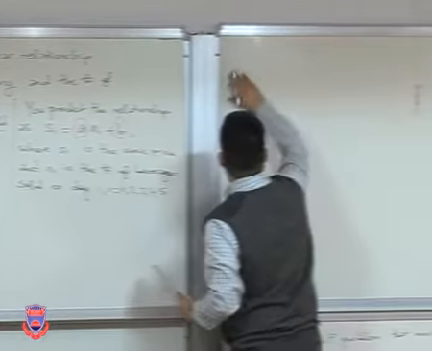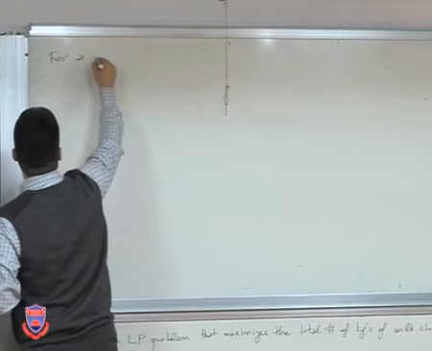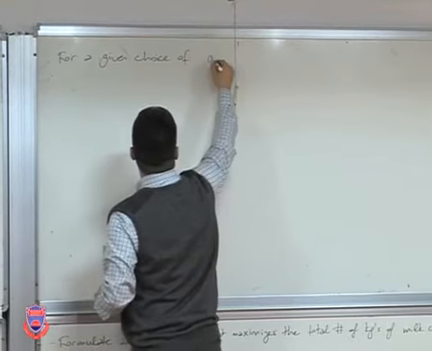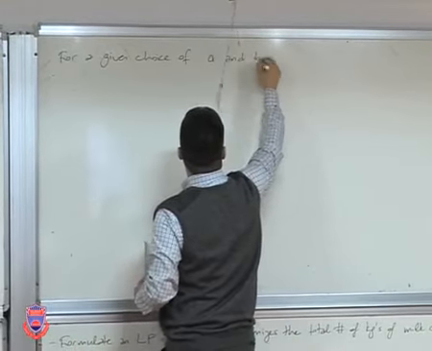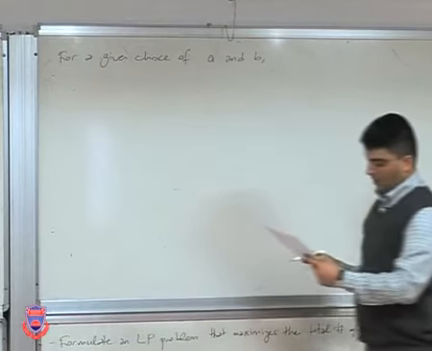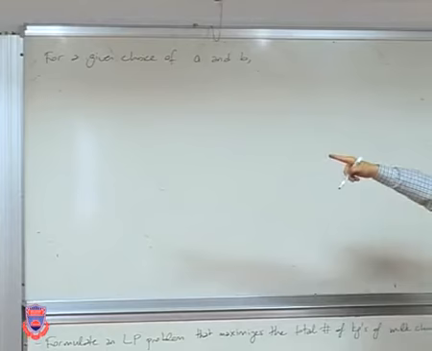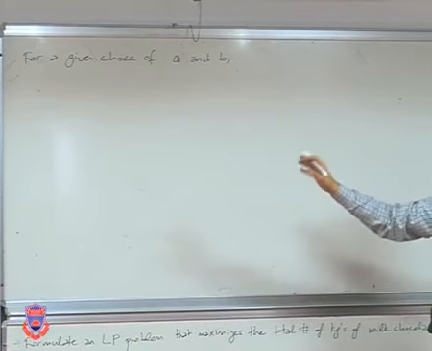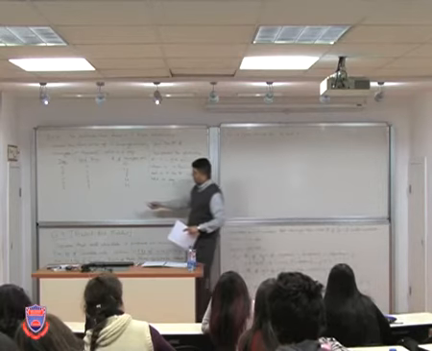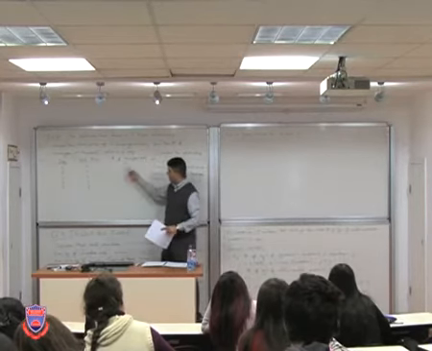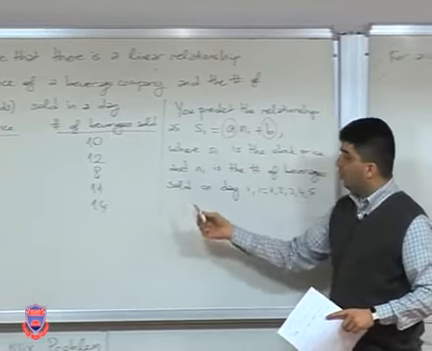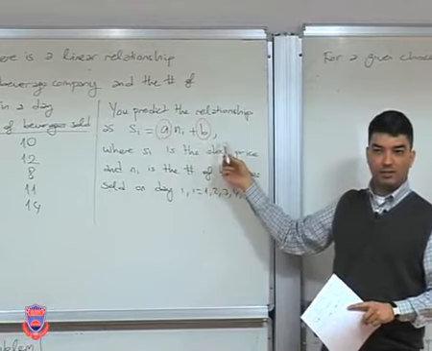For a given choice of A and B, as I said earlier, there's not a perfect relationship between the stock price and the beverages sold, right? Why not? Because, as I said, there are 2 days for which the stock price is 2, but the number of beverages sold is different on these days. So this is not a perfectly true relationship.